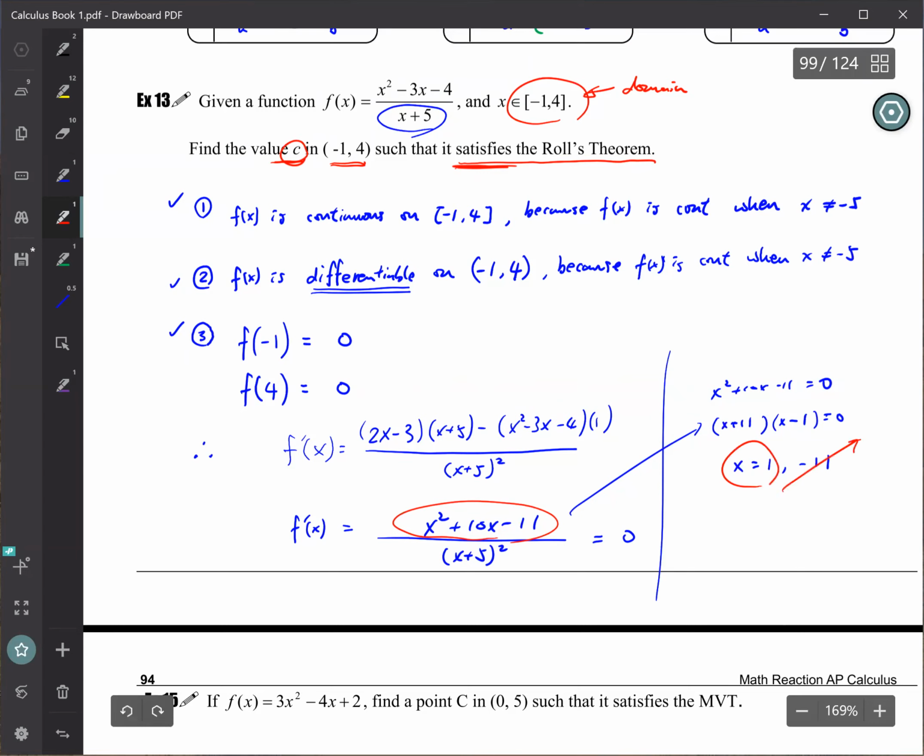This one you will reject. So you did all that work, but at the end you forgot to reject, right? That will be a pity. So this one will be the answer, okay? In domain. So make sure you double check the domain when you finish.